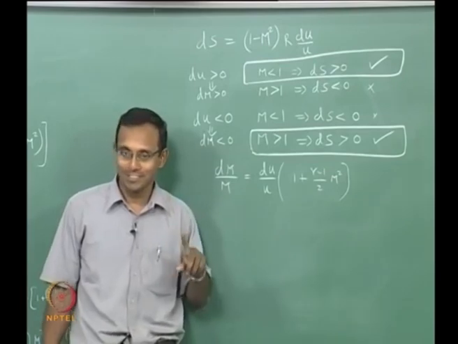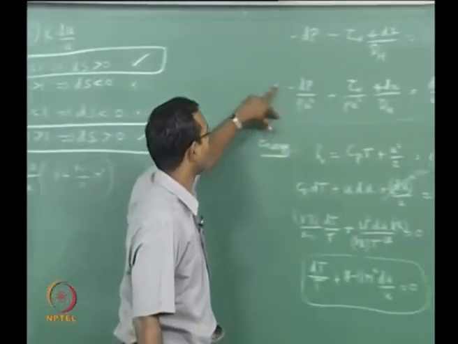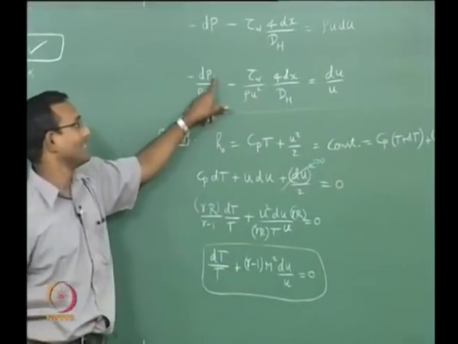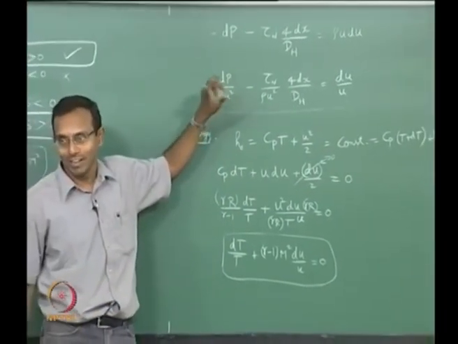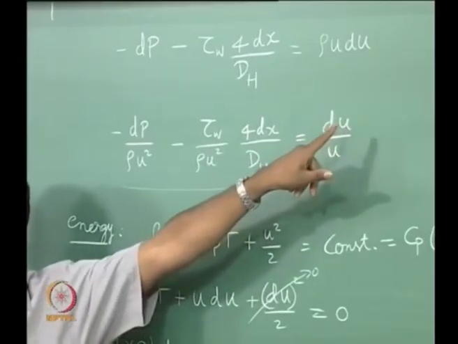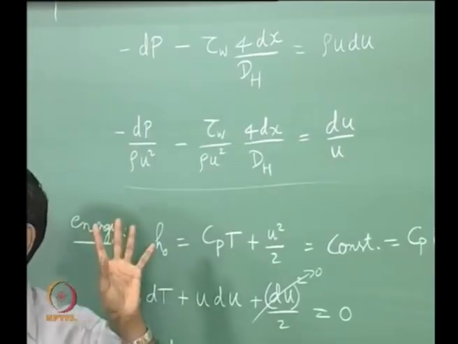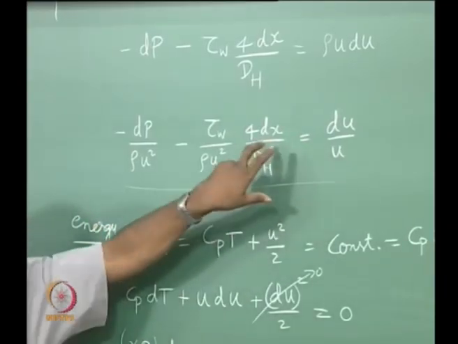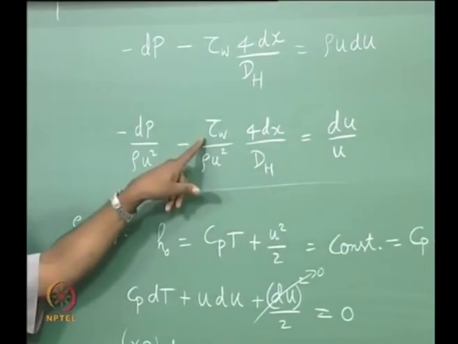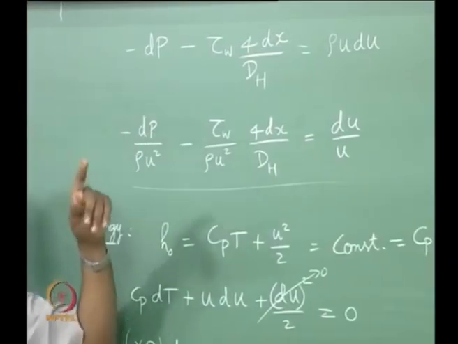Not really, because if I go back to this momentum equation, I can replace this dP in terms of dU, and finally I will find that dx dictates dU. I do not know what my dU is as of now, that is given only by dx and my tau wall, the shear stress at the wall.